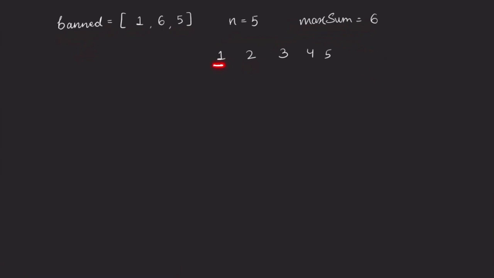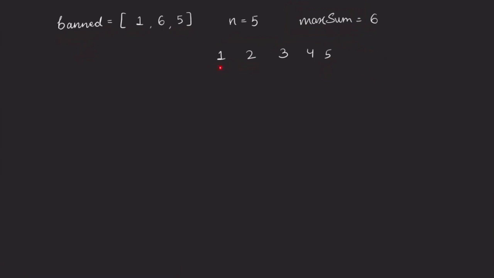Because if you take small elements first, then there are chances that maxSum will be exhausted after taking more number of elements. If you start with the larger number first, then you will exhaust your maxSum limit with fewer number of elements only. And our goal is to maximize the number of elements that we are choosing.